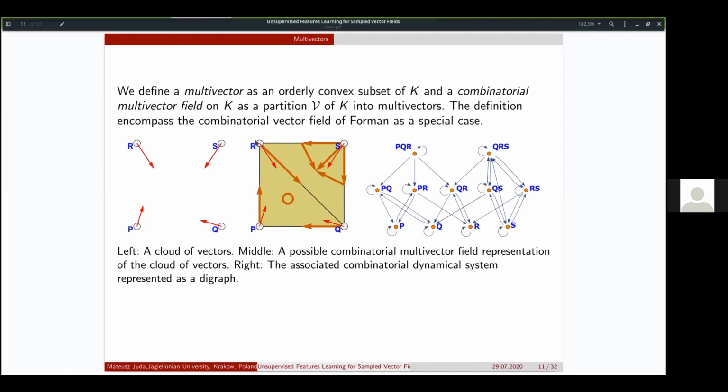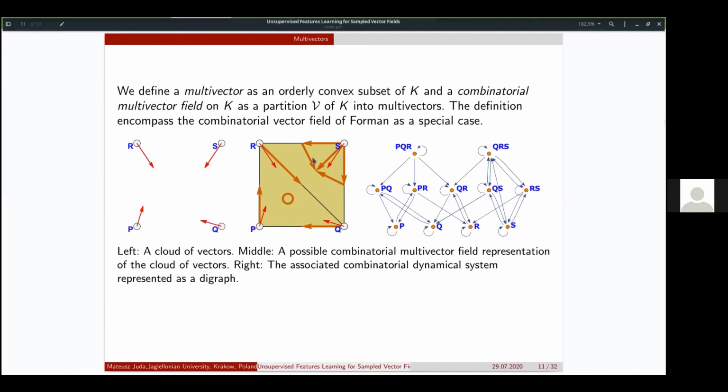The same thing happened in vertex R. So from R, we are going to the edge QR, and from vertex Q, we are going to edge PQ. So here we can observe that there is a very small oscillation made of these 3 vertices and 3 edges. And the oscillation is now on the simplicial complex. So we can think that from the data, we extended the vector field into the simplicial complex.